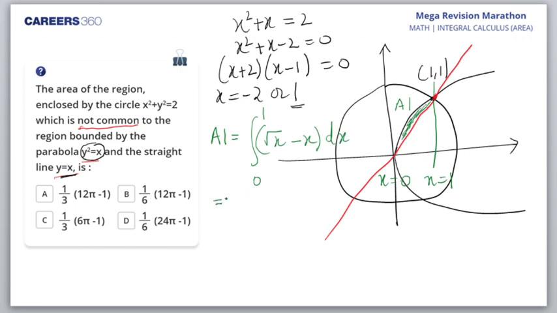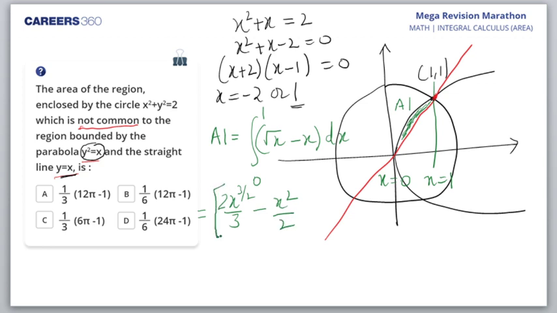So what do I get? I get x raised to power 3 by 2, and 3 by 2 would be in the denominator, so I'll write 2 by 3. A little overwriting I've done, students, so I'll have to remove it. So we get 2x raised to power 3 by 2 upon 3 minus x square by 2.